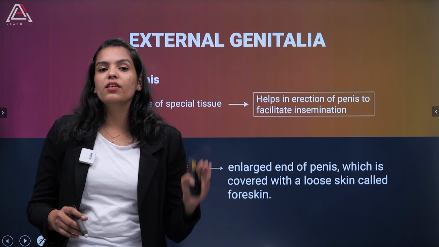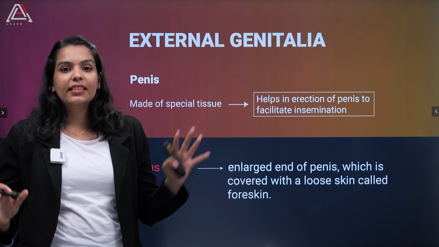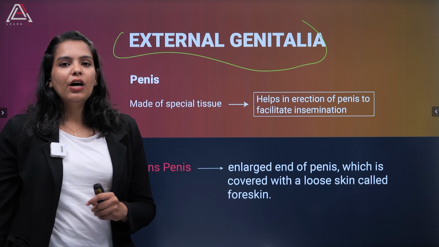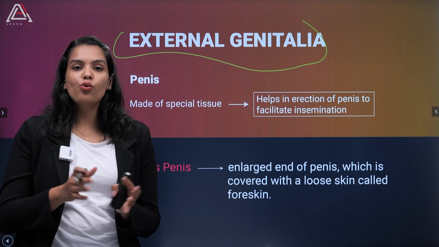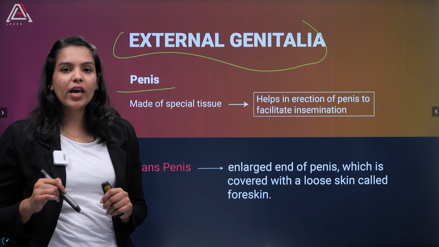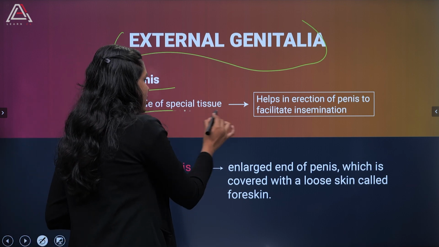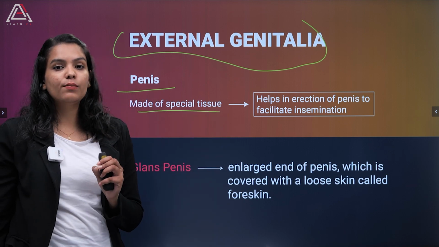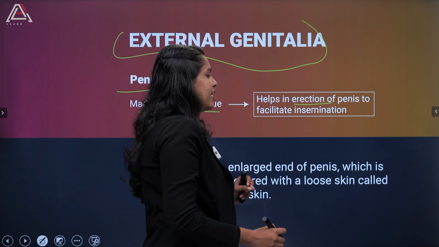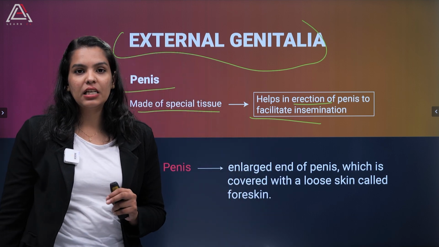Now talking about the fourth part of the male reproductive system, that is the external genitalia. The sperm has to go outside, right? That passage is through the penis. The penis is made up of a special tissue which helps in the erection of the penis to facilitate the process of insemination.